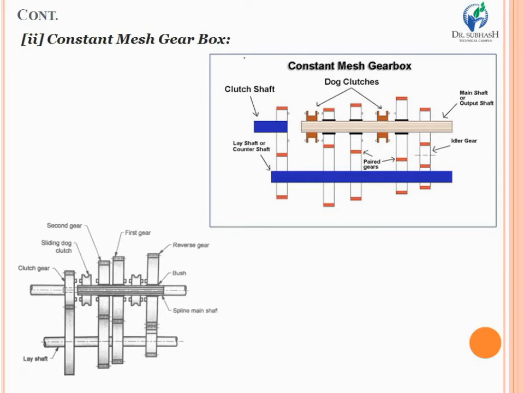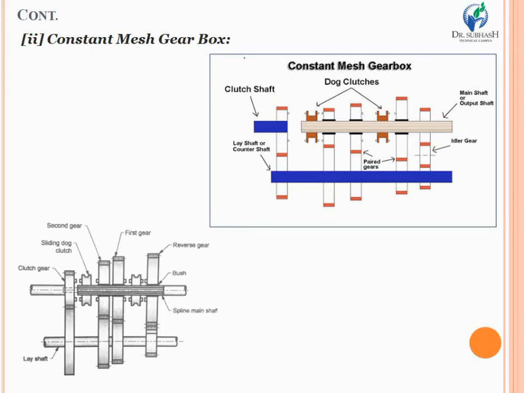Now, when the left hand dog clutch is made to slide to the left by means of the gear shift lever, it meshes with the clutch gear and the top speed gear is obtained. That means you are getting higher speed whenever you mesh with the top gear with respect to the relevant gear.